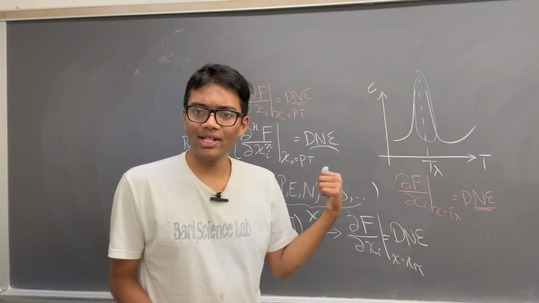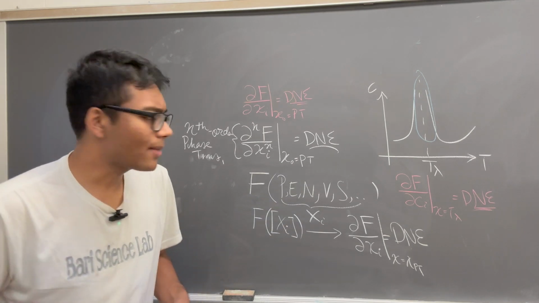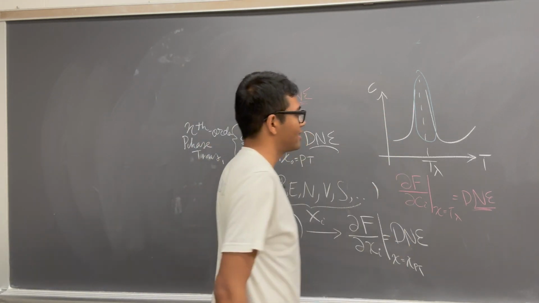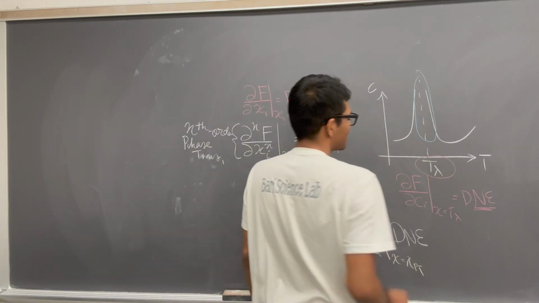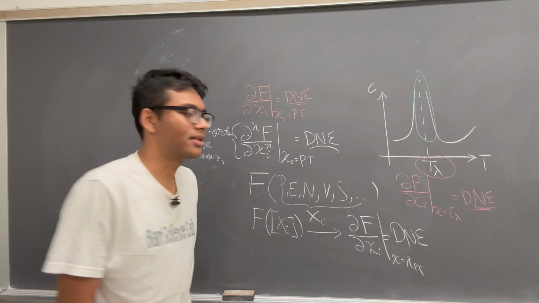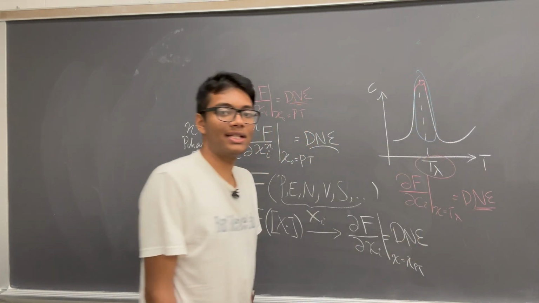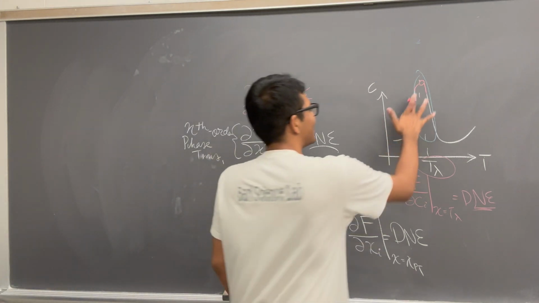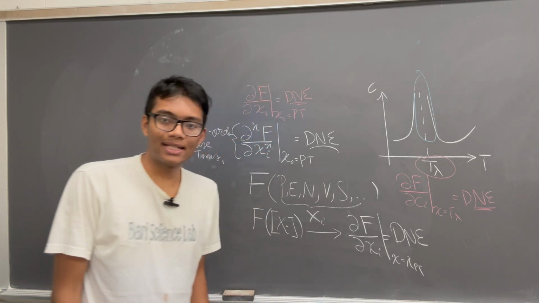But this definition, the Ehrenfest classification of phase transformations, doesn't really hold up when it comes to, for example, the heat capacity diverging at the critical temperature. Why? Because we don't really have a discontinuity here. A discontinuity would look something like a hole in the graph for the heat capacity. We don't have a hole. No, it's more like the heat capacity completely diverges at the critical temperature.